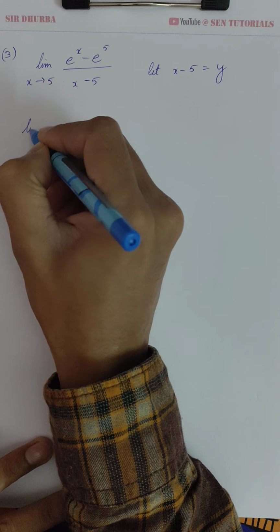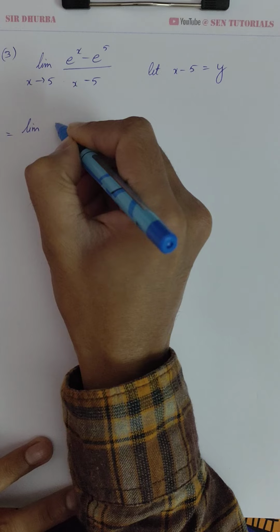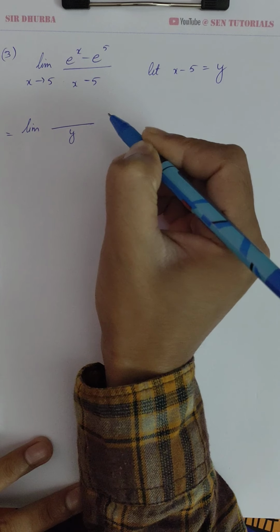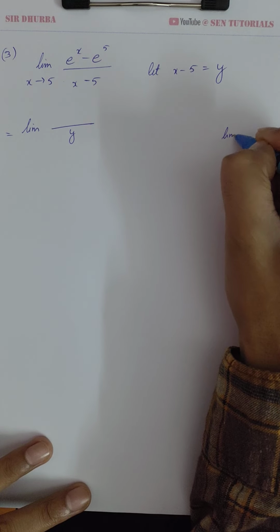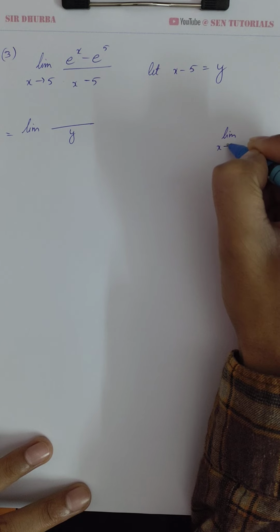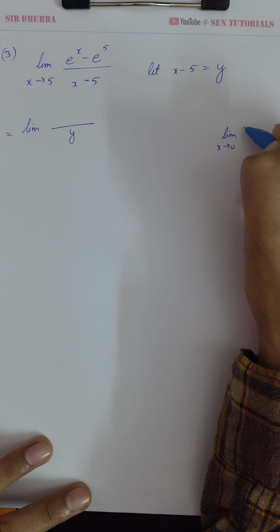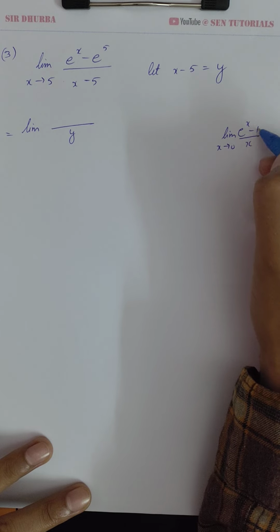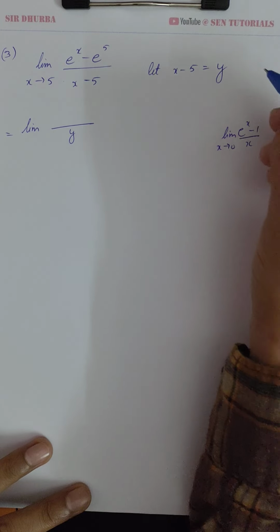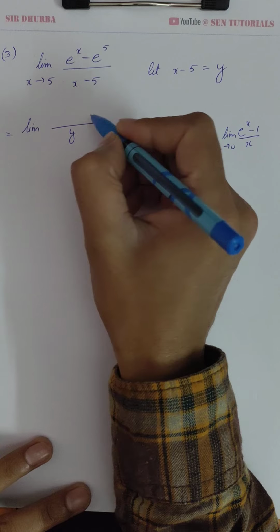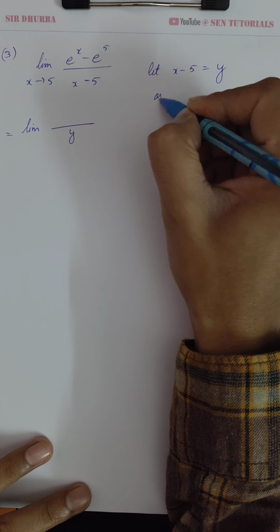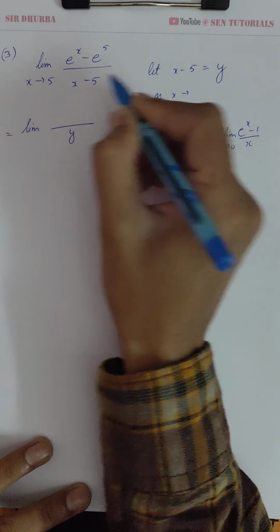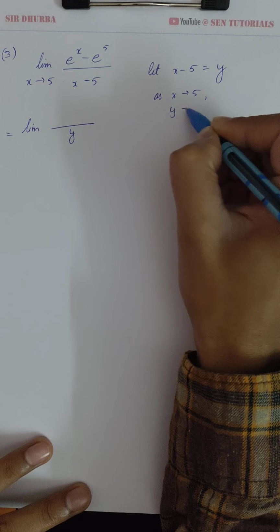So then what happens? The limit x minus 5 becomes y, because we are just trying to arrange this to our formula theorem, e power x minus 1 by x. Now, as x tends to 5, what is going to happen to y?